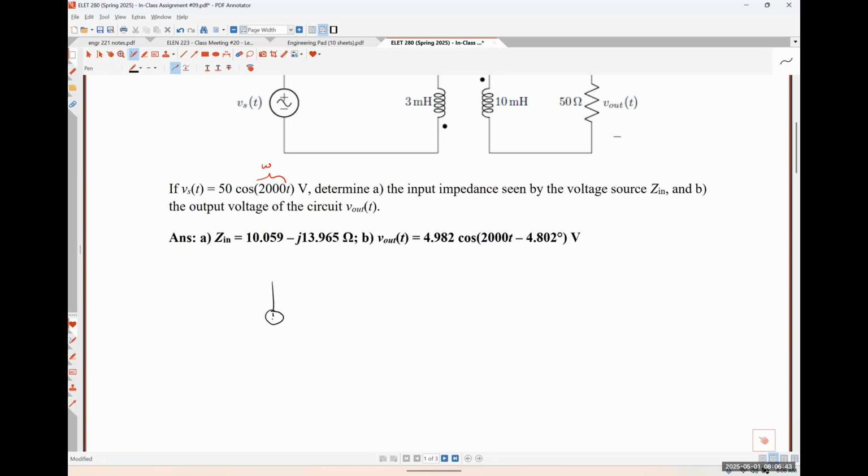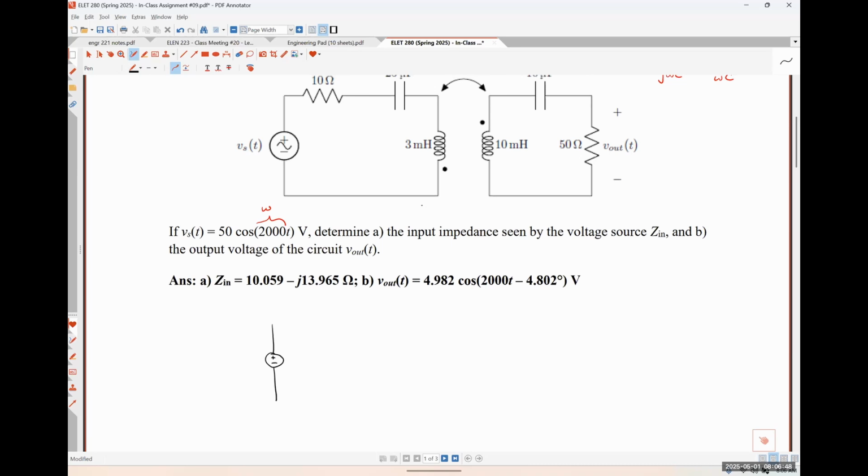Do you guys remember how to get phasor voltages from a time domain voltage? It's actually quite simple. All we have to do, and this is something you should have learned in ENGT 221, is take the magnitude of our time domain voltage, take the phase angle of our time domain voltage, and throw everything else away.